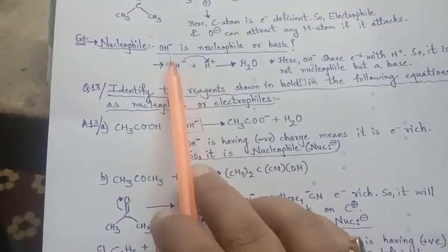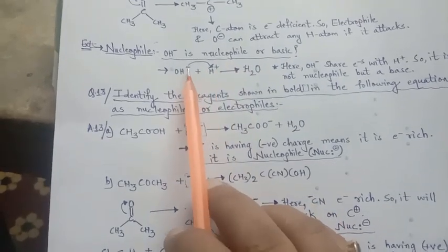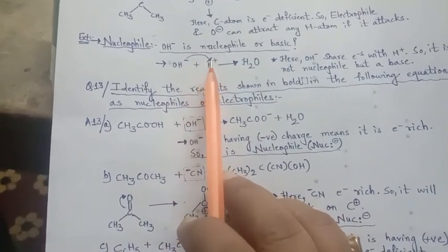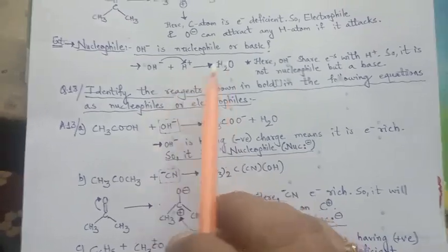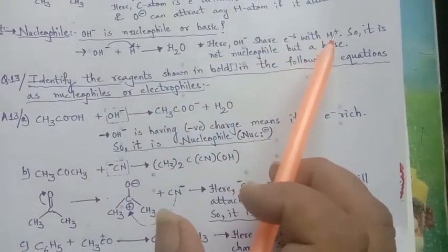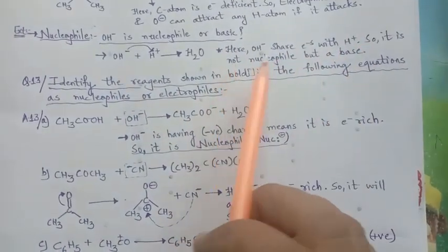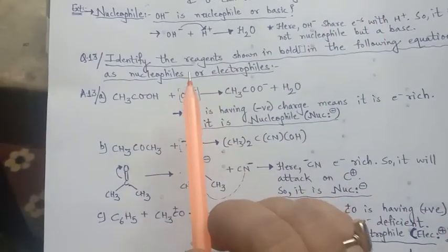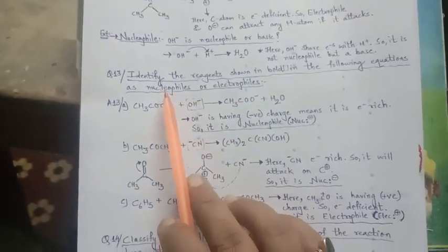So here OH minus is not a nucleophile because it is making the bond with hydrogen. So OH minus shares electrons with hydrogen, so it is not a nucleophile but it is a base. The next question is question 13.